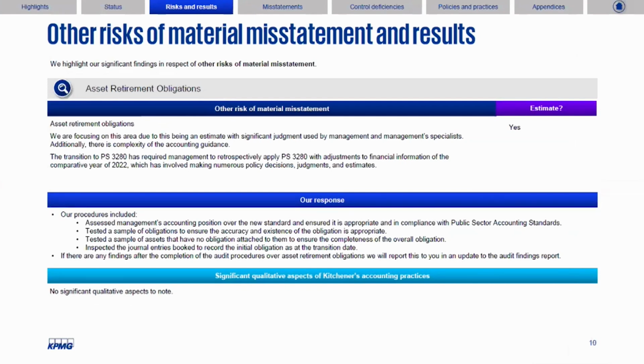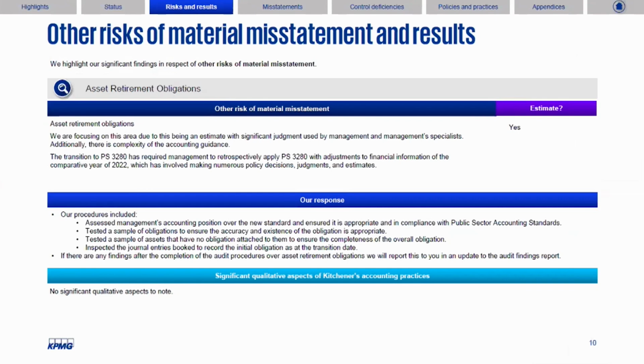The next area of focus is asset retirement obligations, which was the most complex area that we looked at, and we spent most of our time here. This is a new accounting standard, as Greg mentioned, in which the city has to identify any assets that require decommissioning or remediation of contamination when the asset is sold. There is significant complexity within the calculation of the liability, and significant assumptions were used within the estimate.